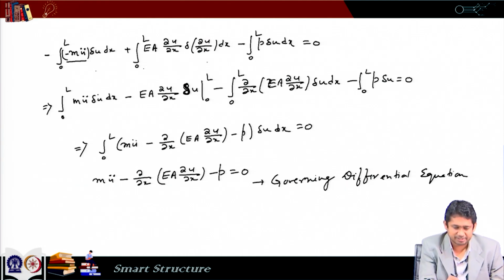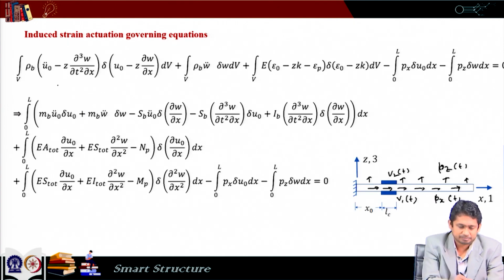We write the similar expression here. So, we will write the mass into acceleration and the integral of that, and we are considering all the displacement components. So, this is rho, the density.